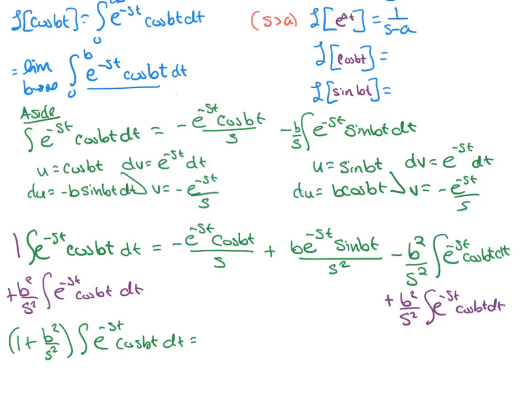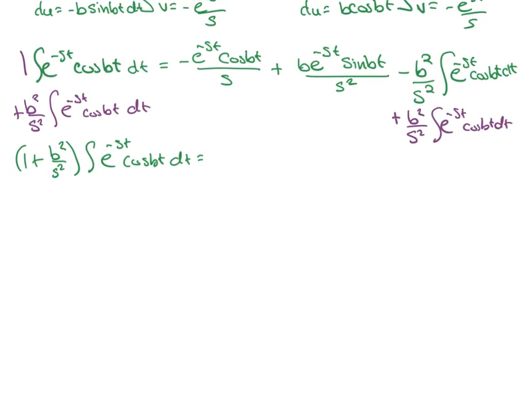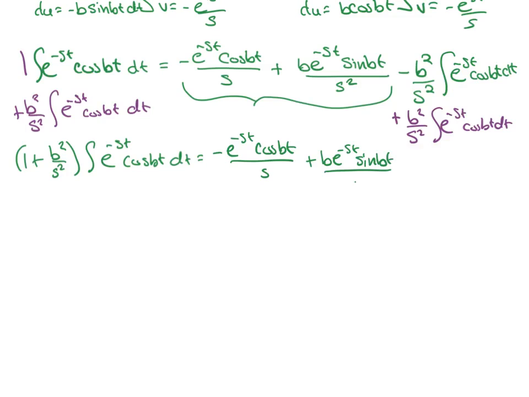And moving up a little bit more, we have the negative e to the negative st cosine bt over s, and the positive b e to the negative st sine bt over s squared.